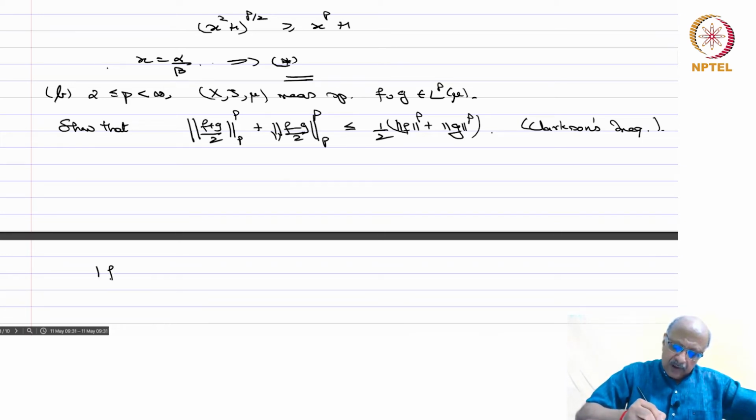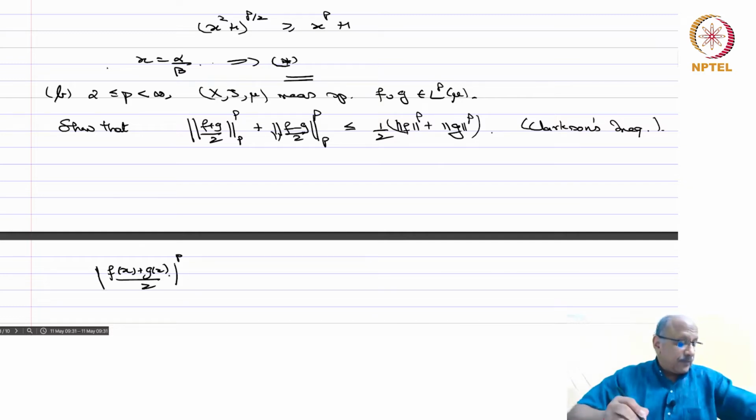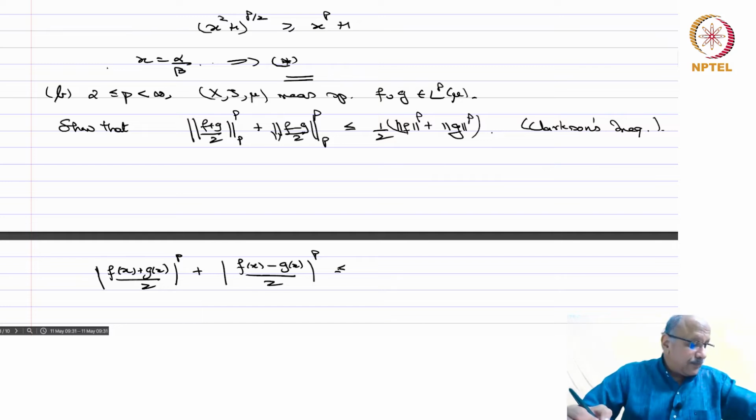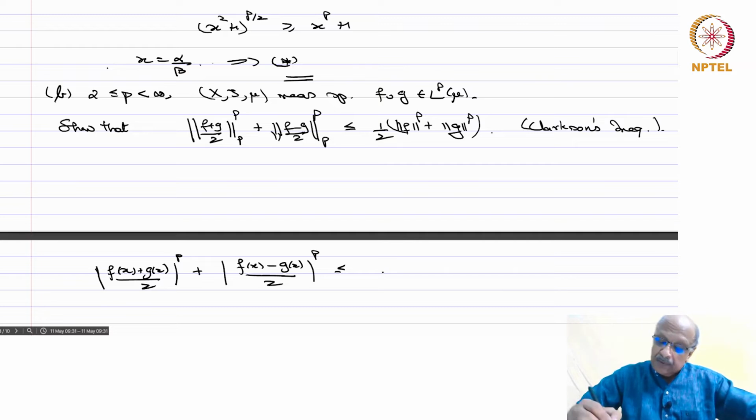So |(f(x) plus g(x))/2|^p plus |(f(x) minus g(x))/2|^p is less than or equal to, so alpha^p plus beta^p is less than or equal to (alpha squared plus beta squared) to the power p/2.